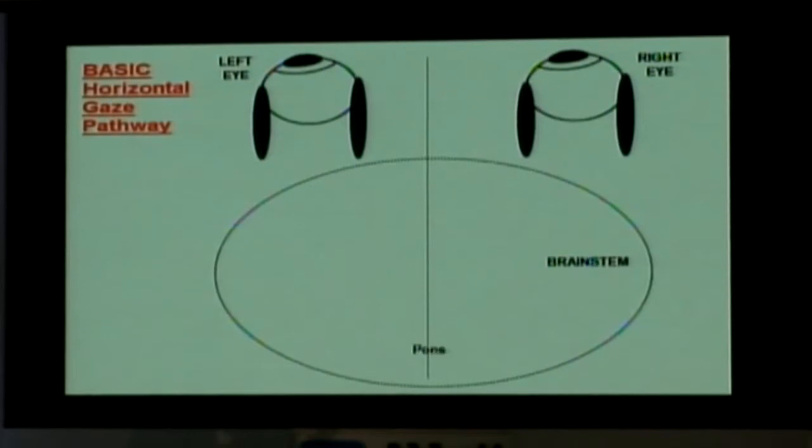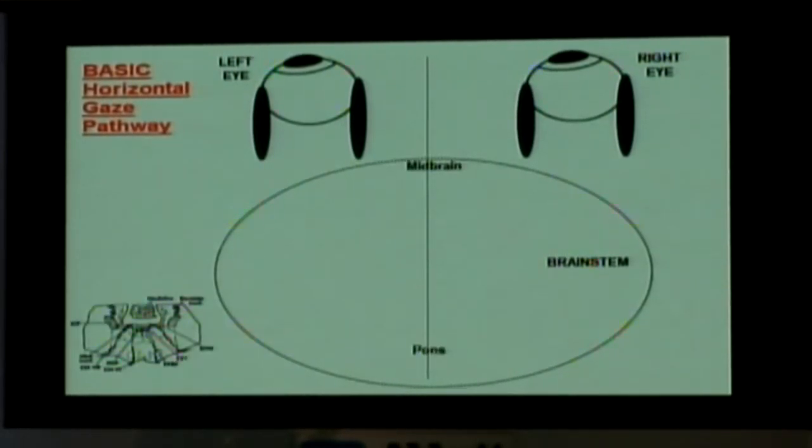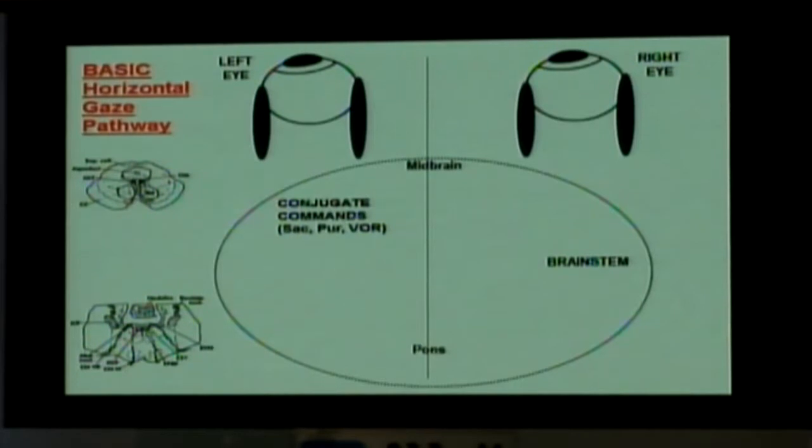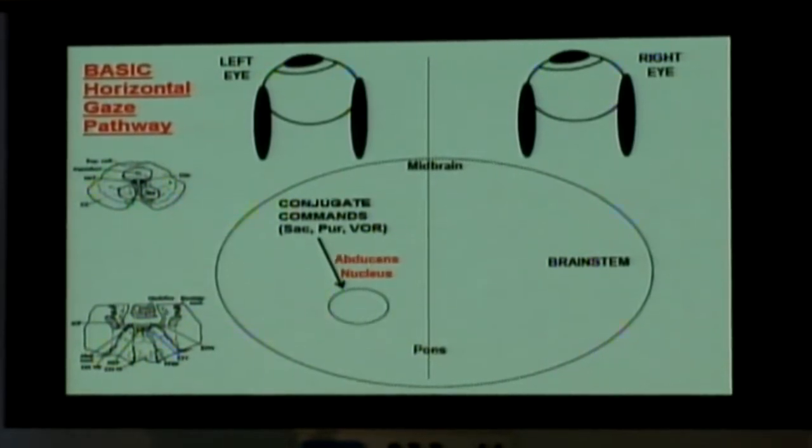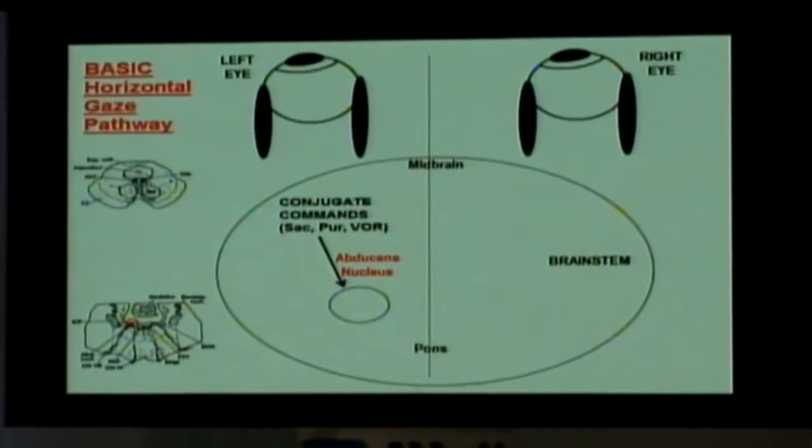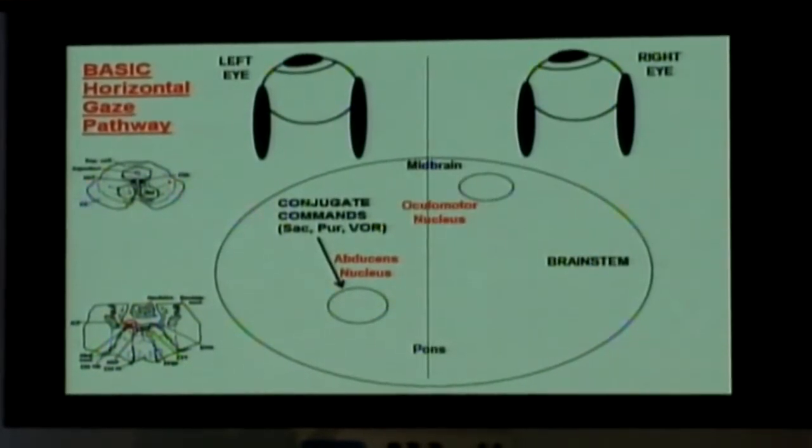We have a brainstem, a pons, we have a midbrain, and we have our conjugate commands, saccades, pursuit, and vestibular, coming to the abducens nucleus, which is right there in the pons. And then we have our third nerve nucleus.